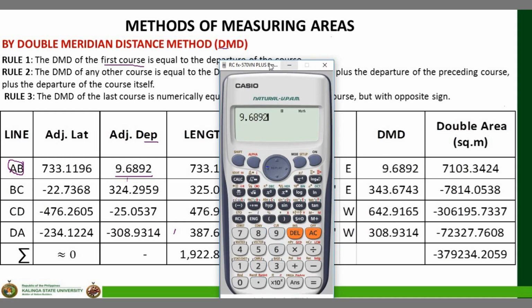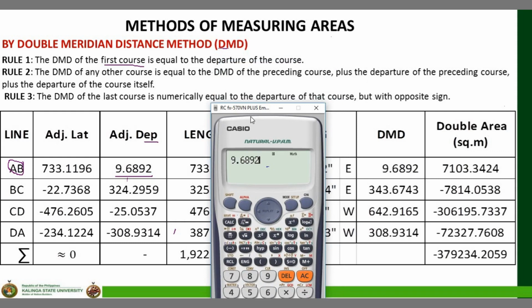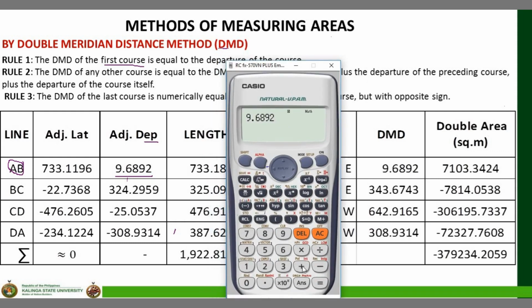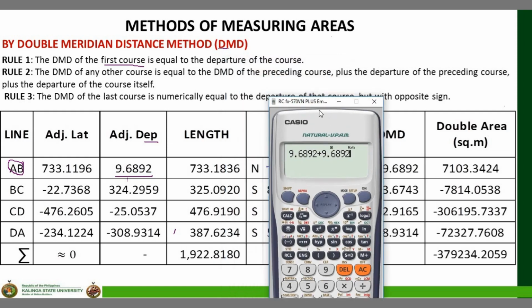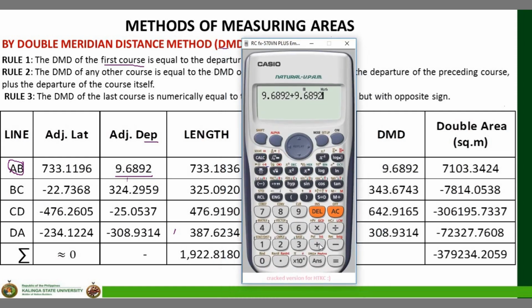9.6892. Then, plus the departure of the preceding course, plus the departure ni AB, that is 9.6892. Then, plus the departure of the course. So, plus, ang departure ni BC is 324.2959.